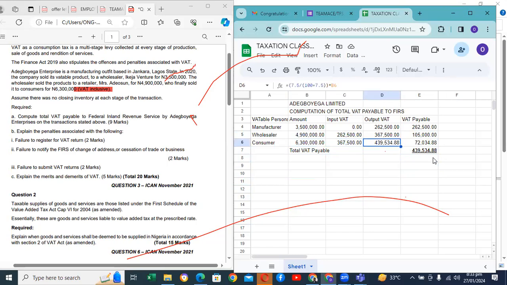How did you get the 72? The standard rate is 7.5. So do 7.5 over 107.5. What do you have? 7.5 divided by 107.5.